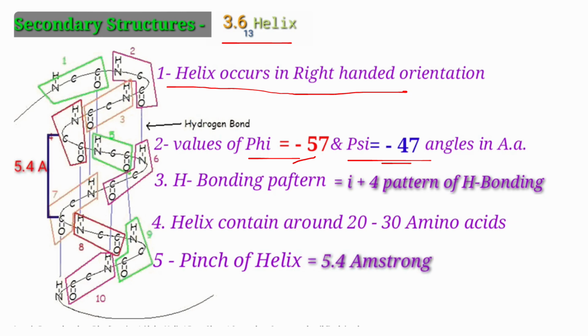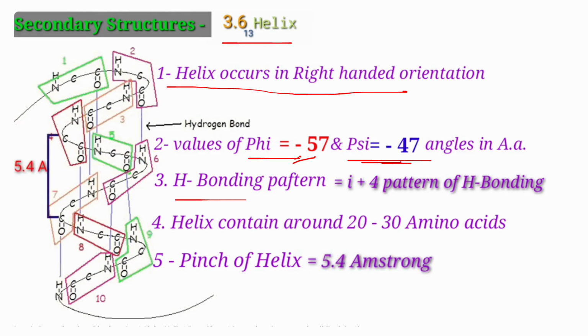Minus means it stays in the third quadrant of the Ramachandran plot, where right-handed alpha helices are able to adopt. So minus means they are right-handed alpha helices.